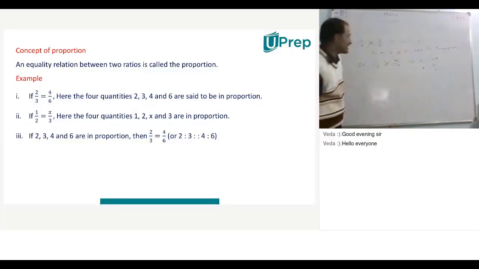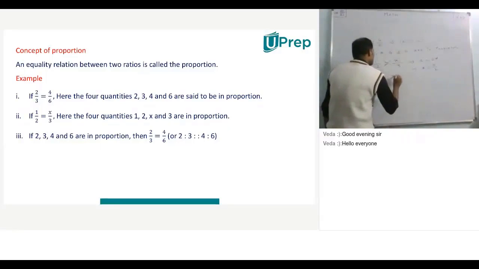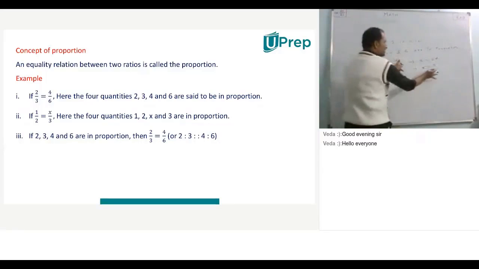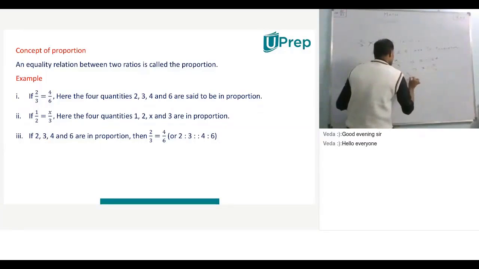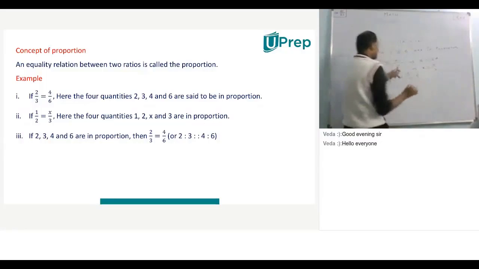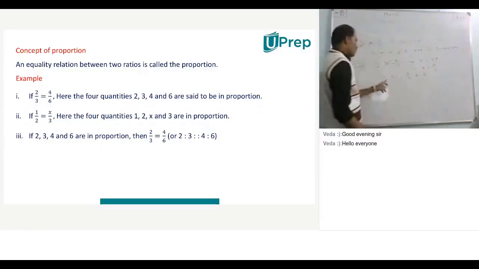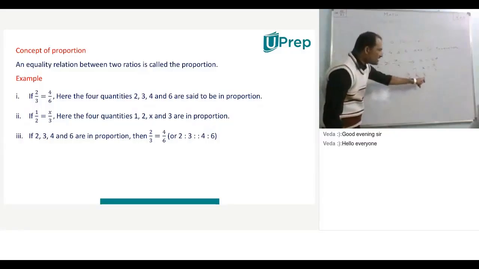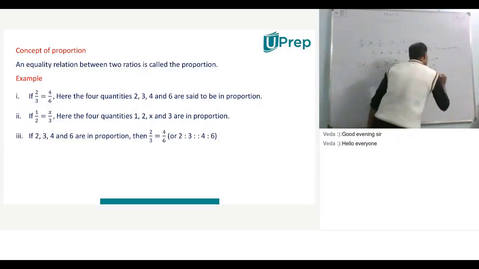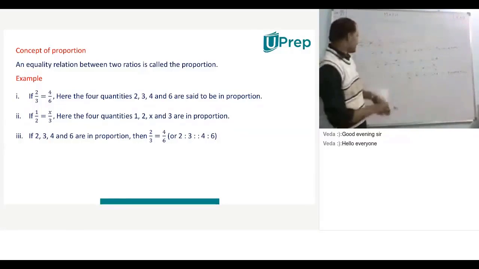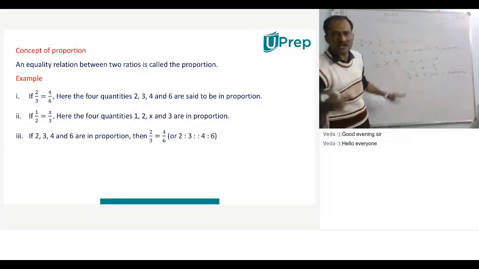So now what we can say? 1, 2, and x value is 3 upon 2, and the last term is 3. So 1, 2, 3 by 2 and 3 are in proportion. Basically we can say that 1, 2, x and 3 are in proportion.